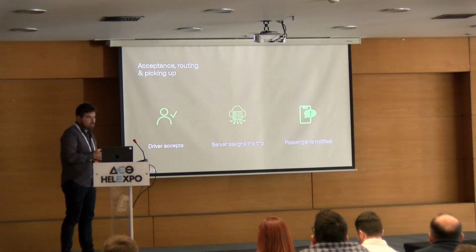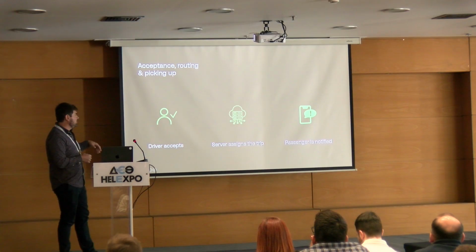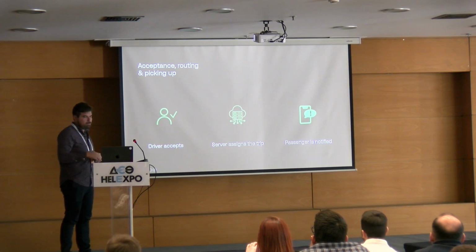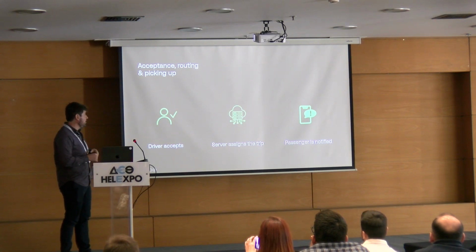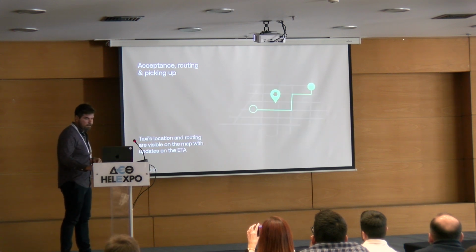So once the request is made, and again we dispatch this request to the driver, and the driver accepts, it is then that the trip is assigned to him. The passenger is immediately notified that his ride is on the way.